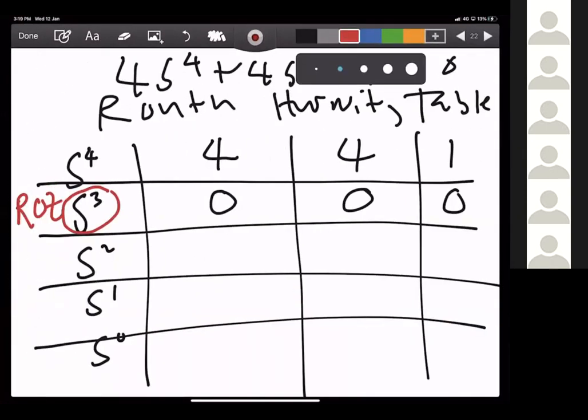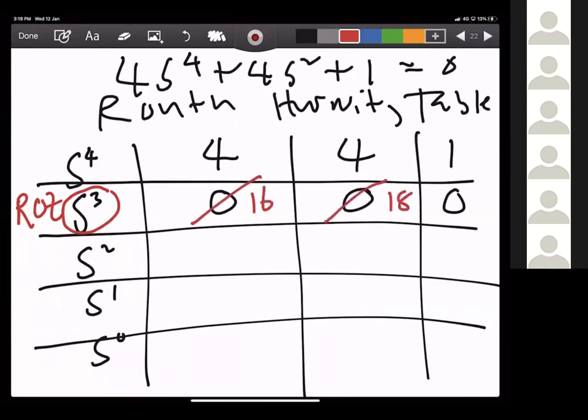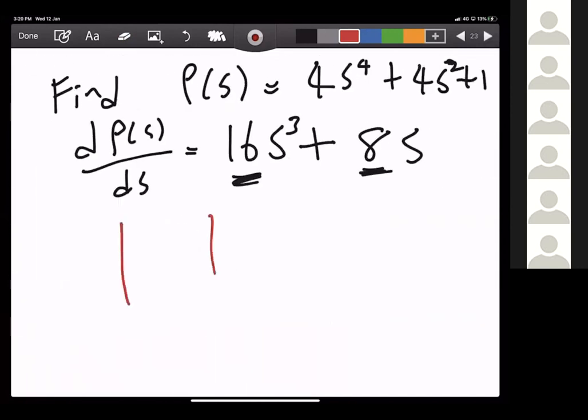Ganti, sorry. Fatihah, this one, using determinant. 4, 4, 16, 8 over 16.